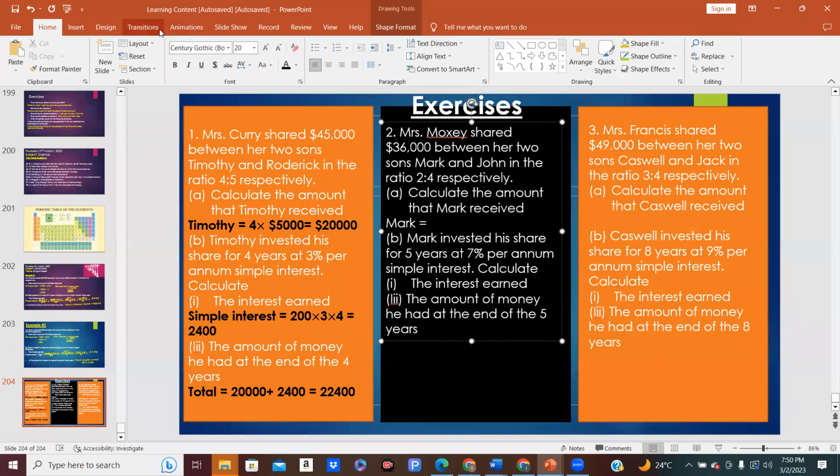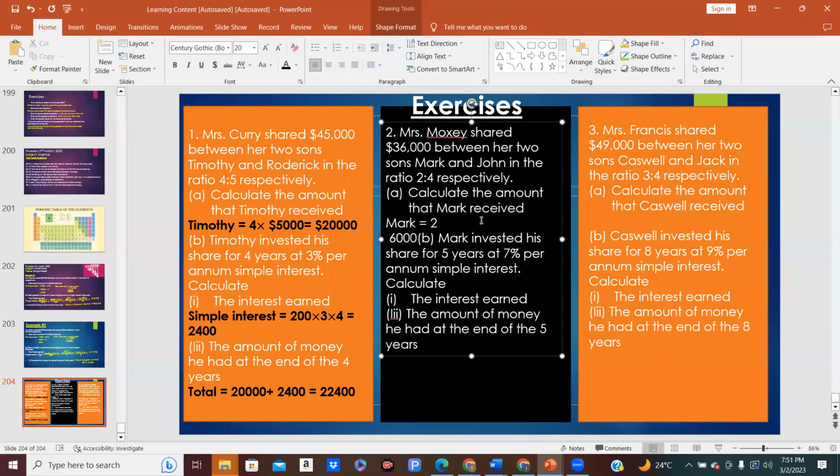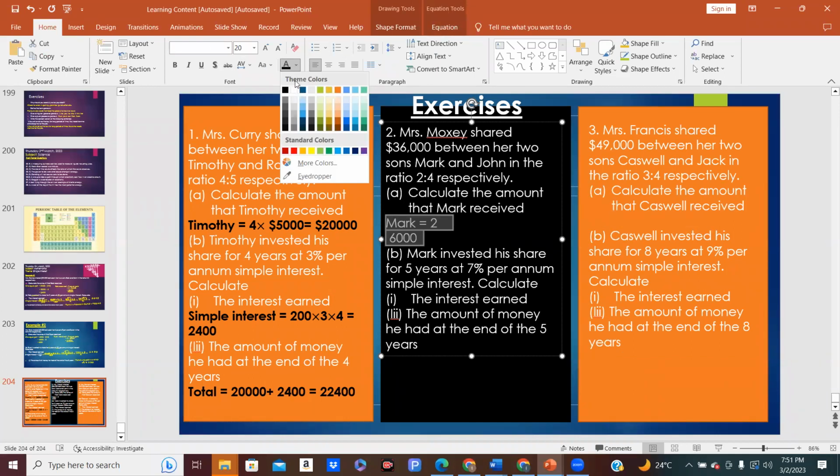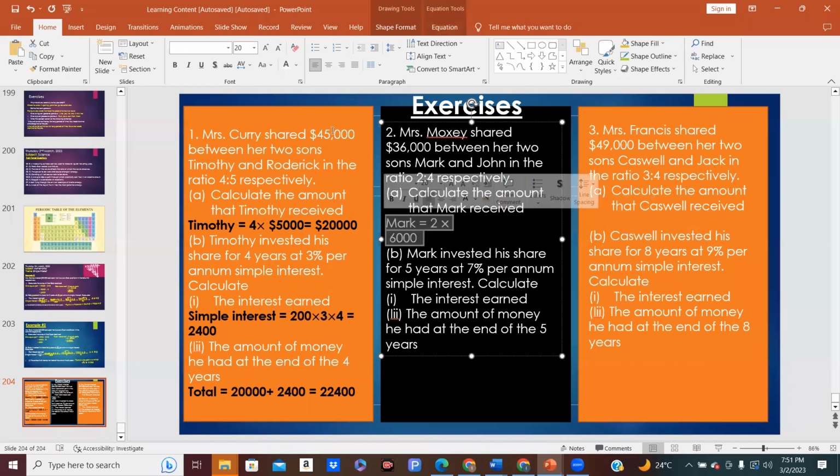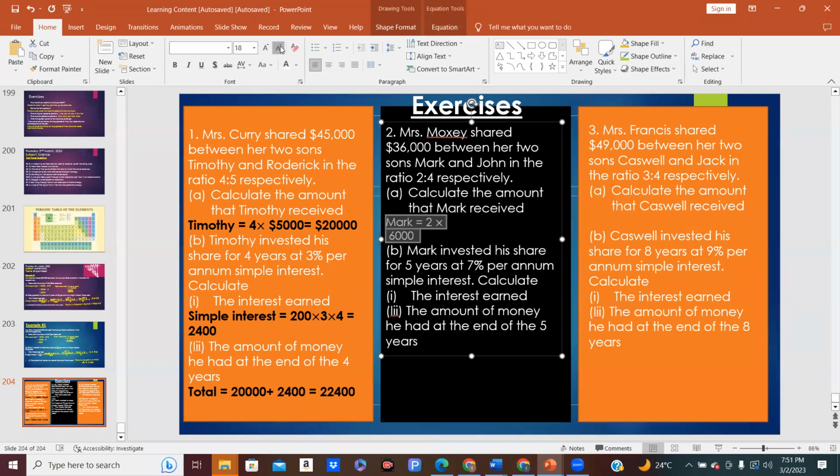Then you'll have to multiply it by 2 to get what Mark received, so it's 2 times 6,000, which would give you 12,000.